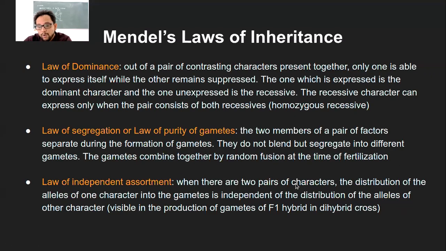When there are two pairs of characters, the distribution of alleles, that is, whether capital R or small r, or capital Y or small y, for one particular character, whether you take seed shape or seed color at one time, into the gamete is independent of the distribution of alleles of the other character. And this is visible in the production of gametes in the F1 hybrid, in the dihybrid cross.